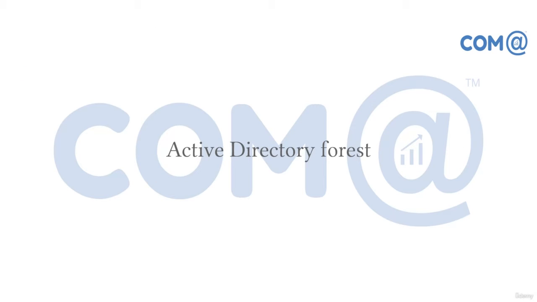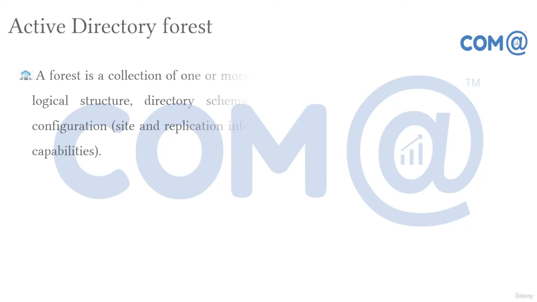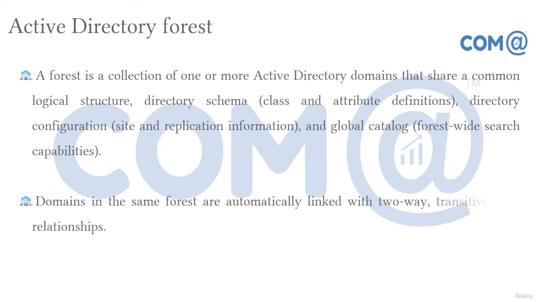And understanding about the Active Directory forest. So basically, a forest is a collection of one or more Active Directory domains that share a common logical structure, directory schema, and the directory configuration and the global catalog information.